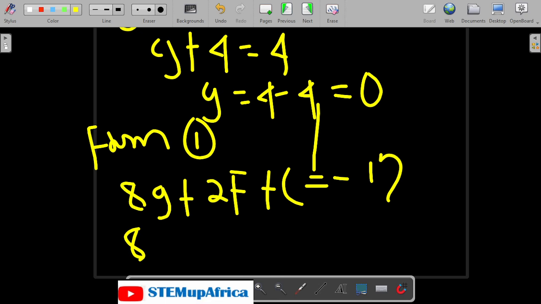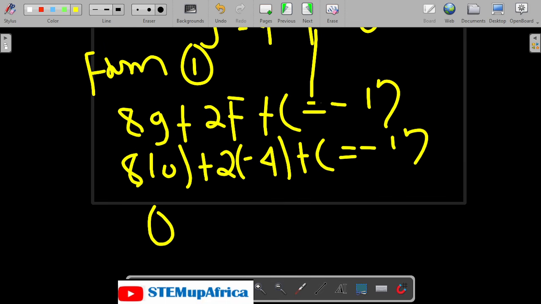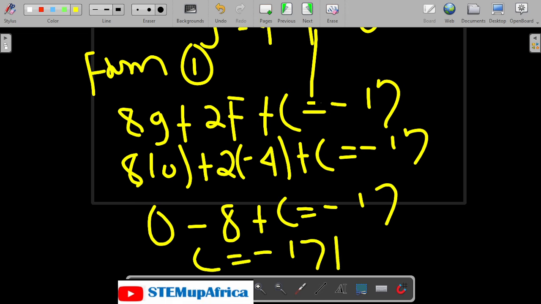So having 8 bracket 0 plus 2 bracket minus 4 plus c equals to minus 17. So 8 times 0 is 0. Yes, now minus 8 plus c equals to minus 17. So my c now is minus 17 plus 8. That will give us minus 9.